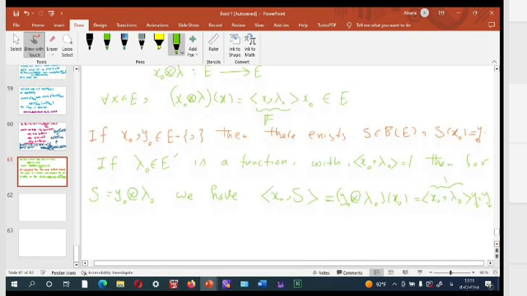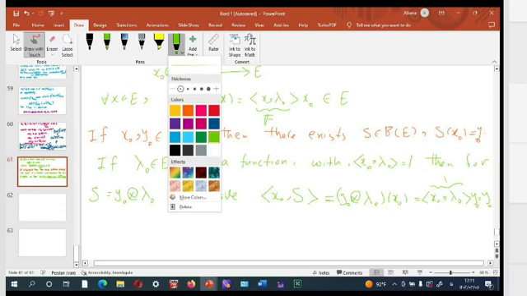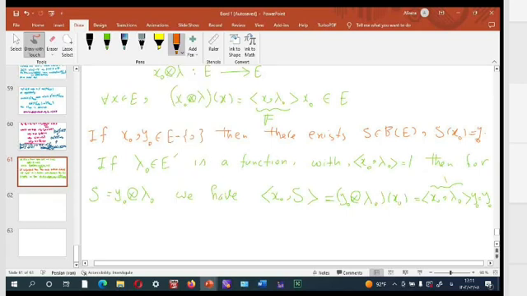And please note that this function x0 tensor lambda is an element of B(E), because at first we see that this is linear.